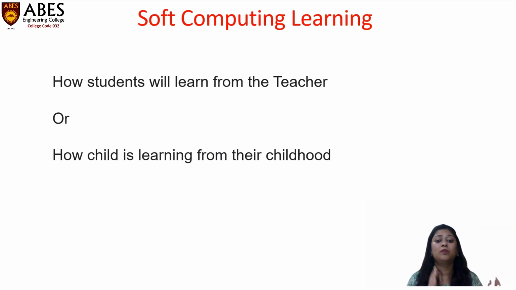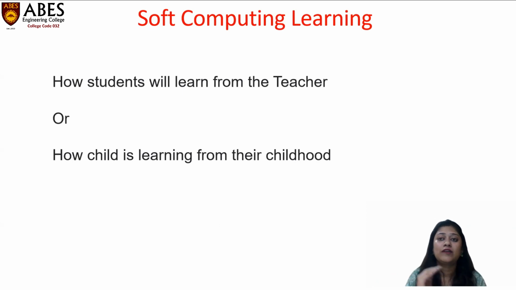The same thing happens in our soft computing. We provide the learning in each and every step, because initially the system is like a baby. We don't have to feed something in their mind. We just gradually provide some data, some new things, some new concepts, new facts, and by wrapping them up, we produce some sort of output.